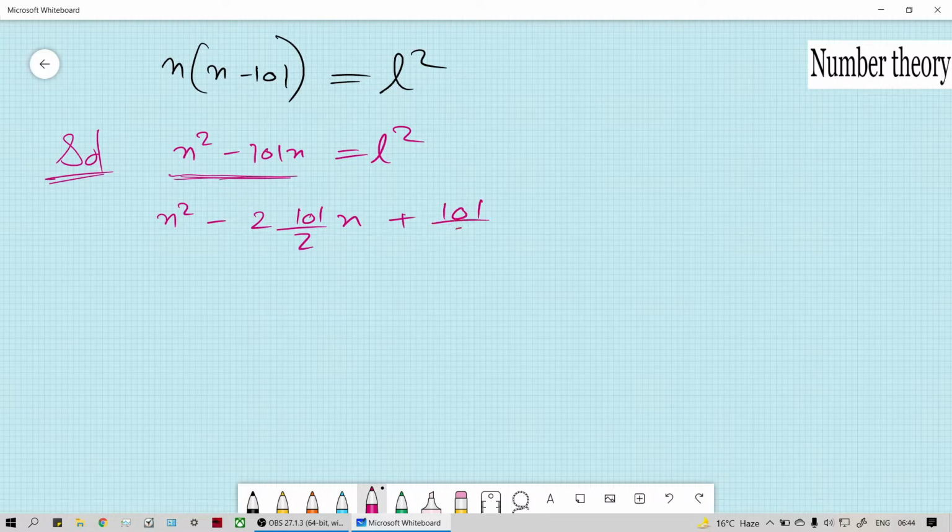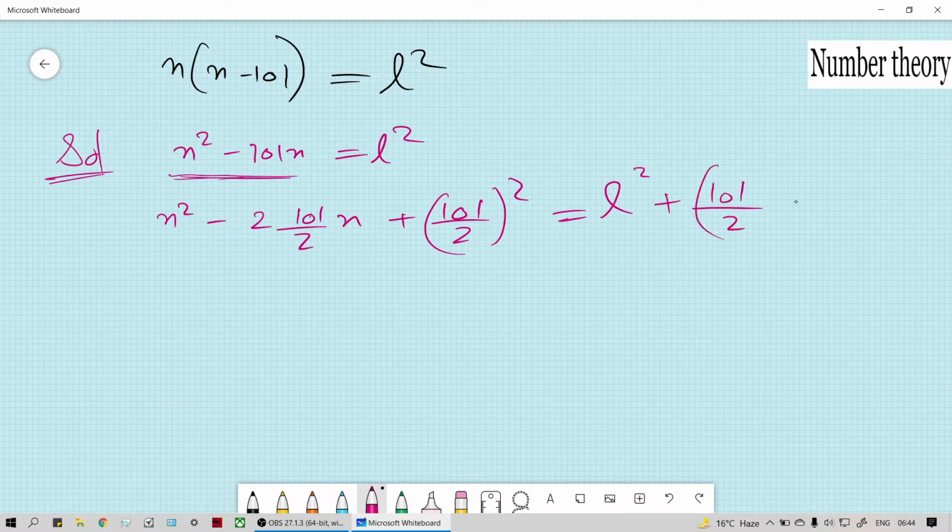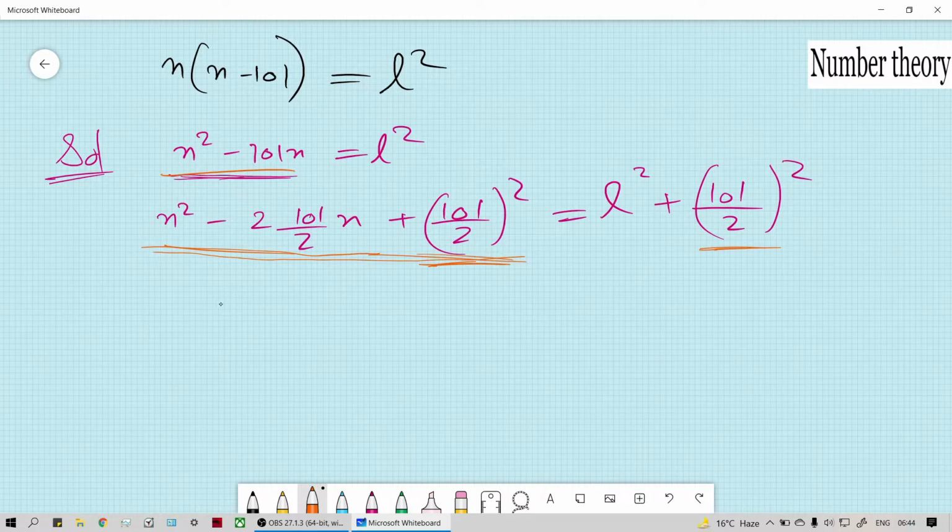Add this on both sides. These two things are the same, and I have added this term on both sides. What does it do? It makes this whole expression into a complete square. It is a complete square of this thing.